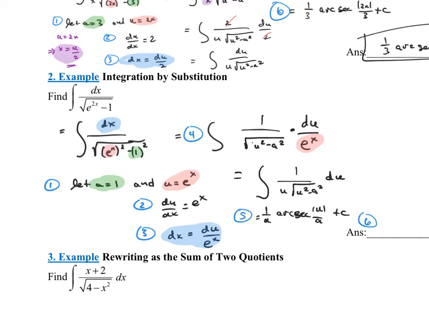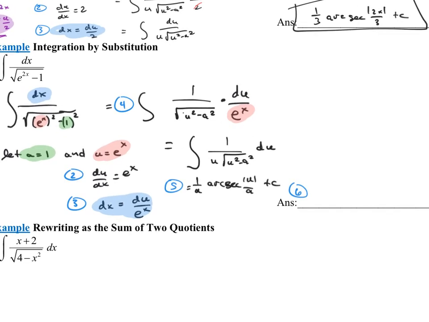I'm going to go straight to the answer line on this one. So all we need to do is back substitute for a and back substitute for u. Oops, sorry, give me 1 second. Back substitute for u. And so when we do that, what we would have is 1 over a. A was just 1, so we don't even need that. And then we'd have the arc secant of u over a.